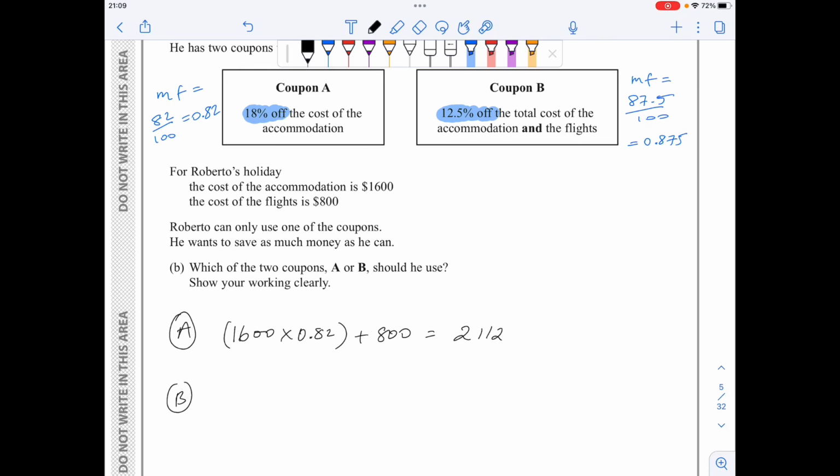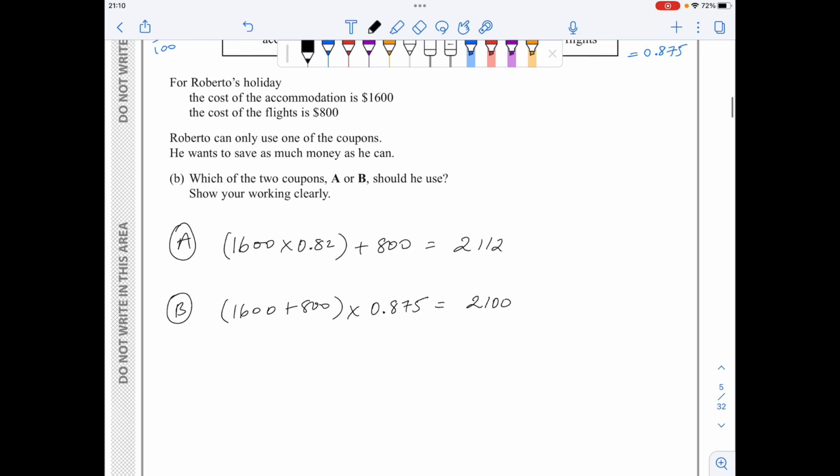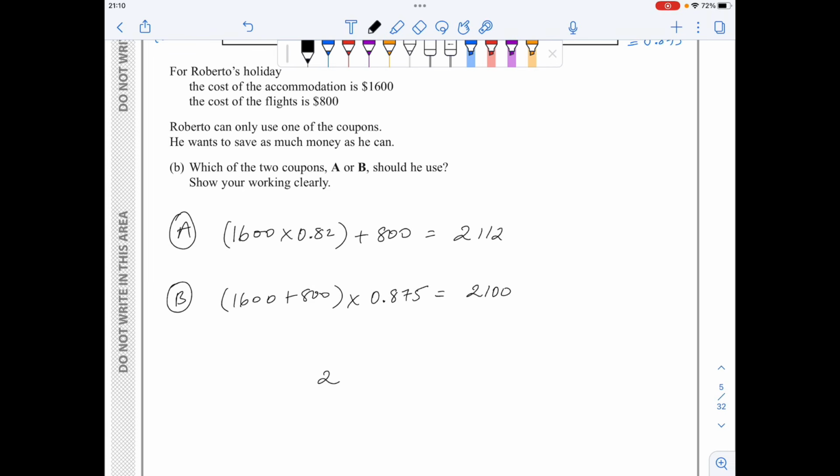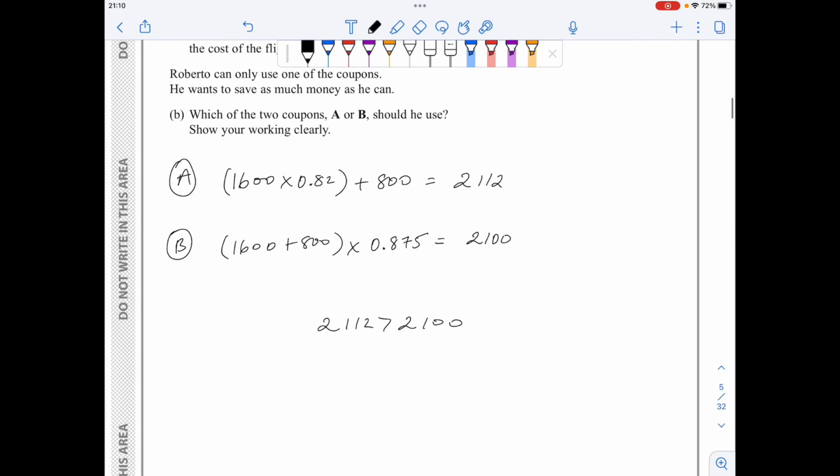For coupon B, I am allowed a 12.5% discount on the total cost, so 1600 plus 800, and then I will multiply this by the multiplying factor 0.875. This will give me 2100, and because 2112 is bigger than 2100, he should select coupon B.